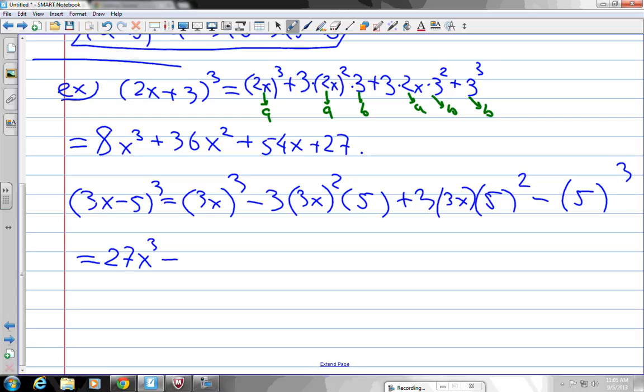Yeah, because 3 times 9 is 27. 27 times 5, 135. Yeah? 135x squared. Right? How about the next one? Yes, 225, because you have 9 times 25, so this is 225x and minus 125. And again, there's nothing you can do to combine them or anything else. This is it. This is the answer.